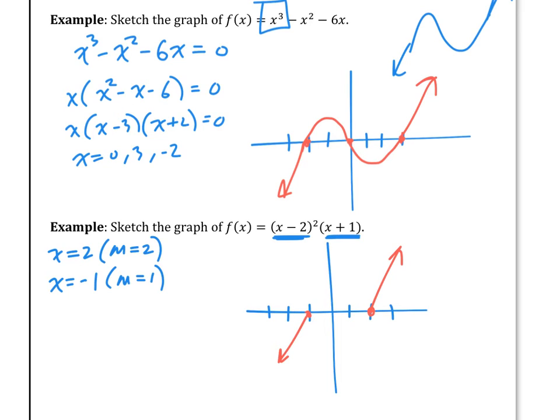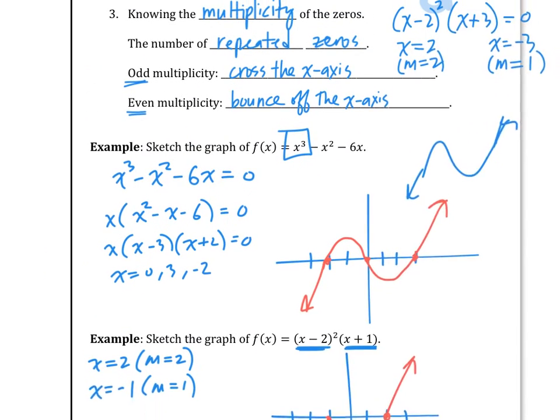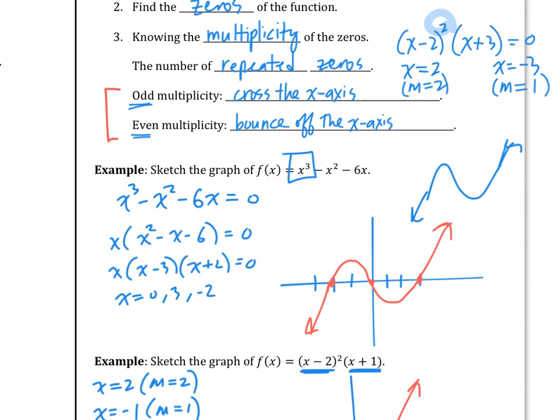All right, so now the question is, is it connected like this? Or is it connected like this? You didn't think there were 2 ways of actually happening, right? But there are. So the question is, how is it going to look? Well, let's look at our hint here. Odd degrees means it's going to cross. Even means it's going to bounce off.